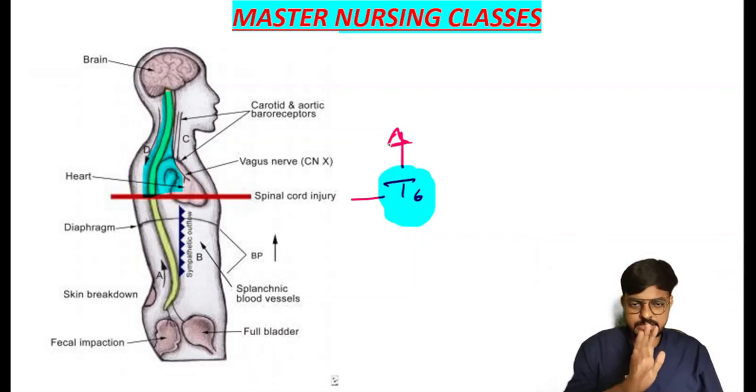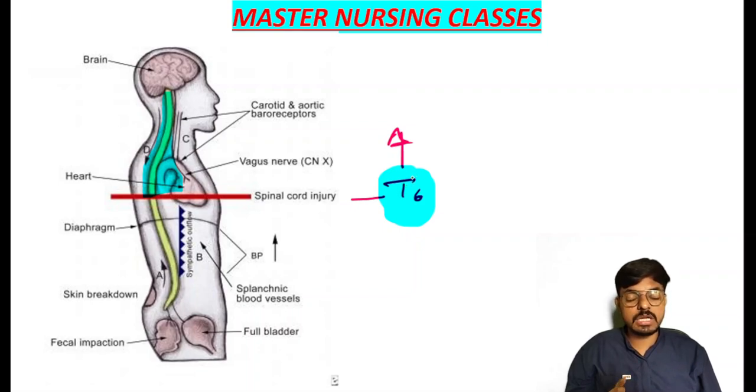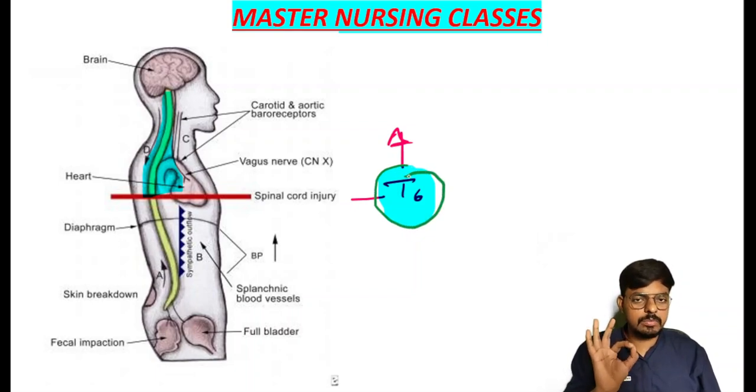The question will ask at what level of spinal cord damage there is a chance of autonomic dysreflexia. So with damage at T6 and above, the chance of autonomic dysreflexia will be there. That is the clear and perfect answer.